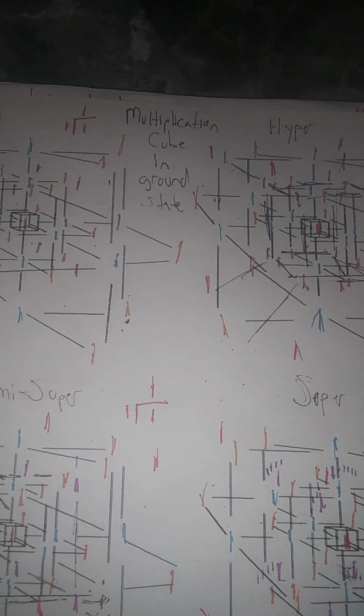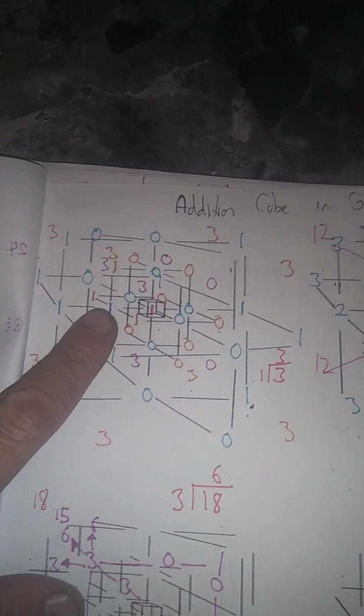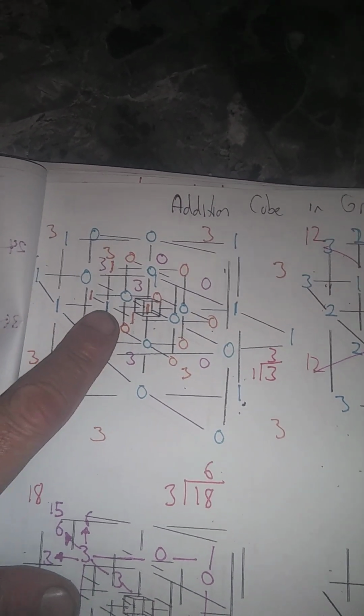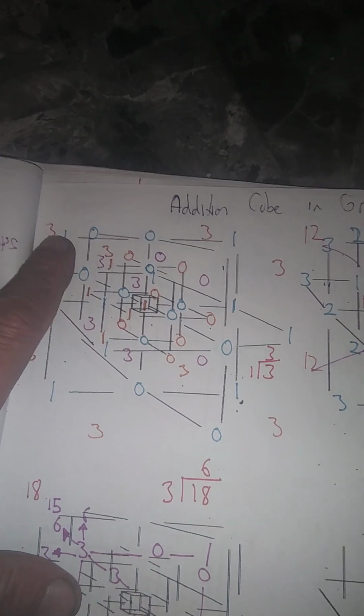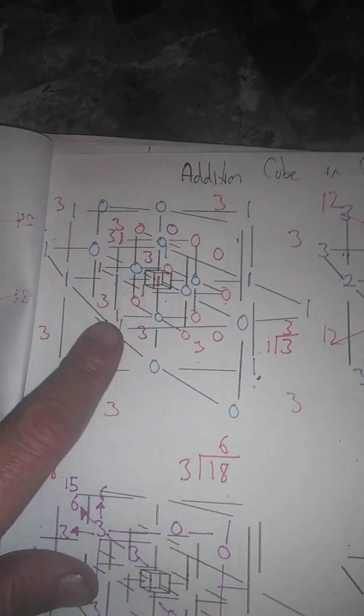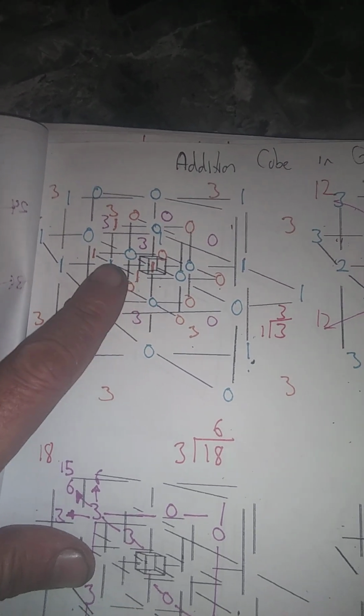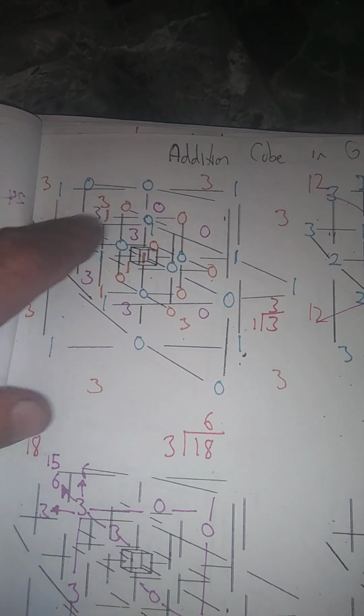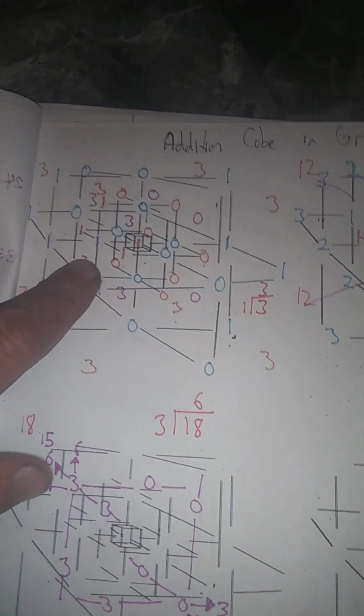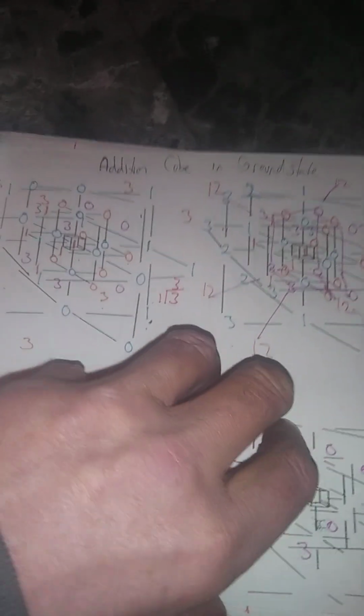But an addition cube, in actuality, that's not its ground state. That's just the lowest number you can have to produce another number that's not like it, or a third of it. But the ground state, the identity of an addition cube, is 0, so it would be all zeros. The identity of a multiplication cube is all 1s.